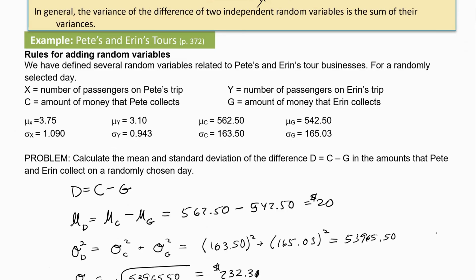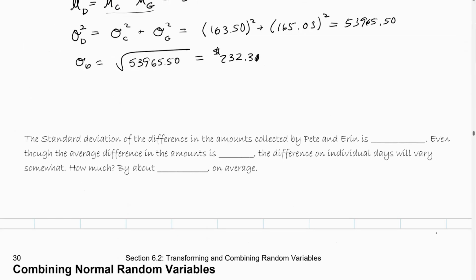Okay. All right. So differences, again: you find the mean of the difference by subtracting, you find the variance of the difference by adding.